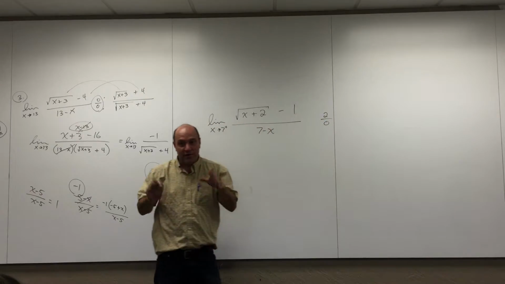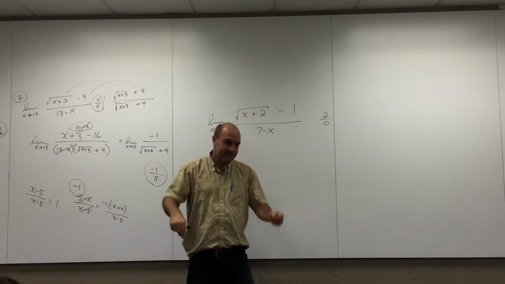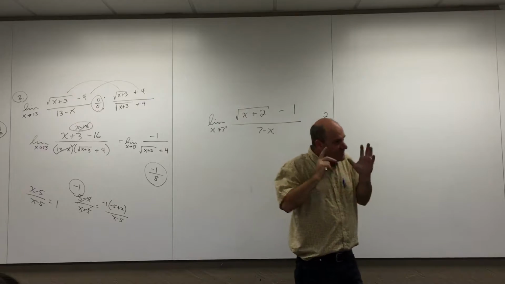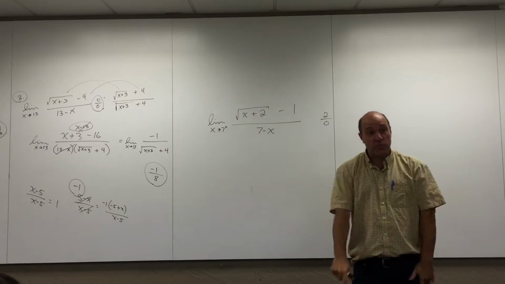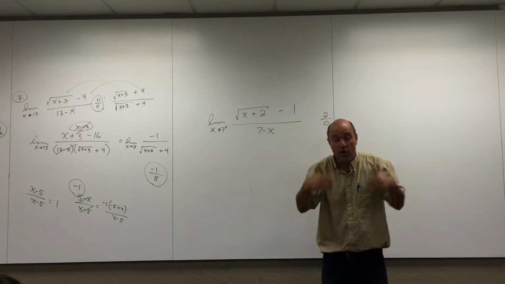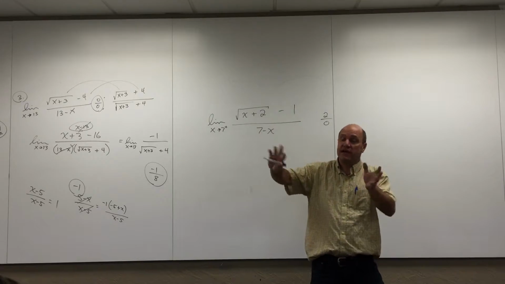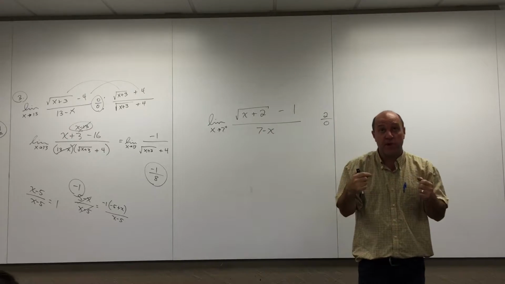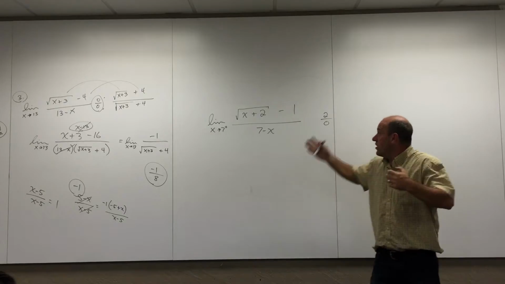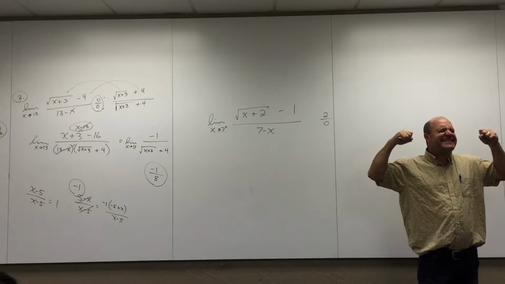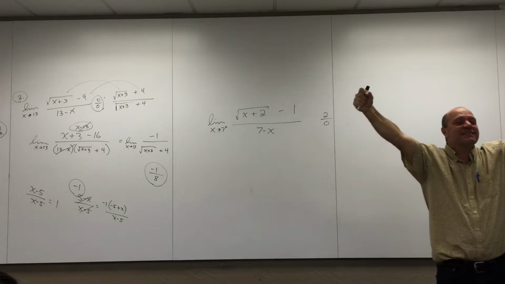Now 2 over 0 is a special thing. That's what we learned about in 2.5. We learned that a number over 0 is not some weird indeterminate thing. A number over 0, in terms of limits, is infinity.